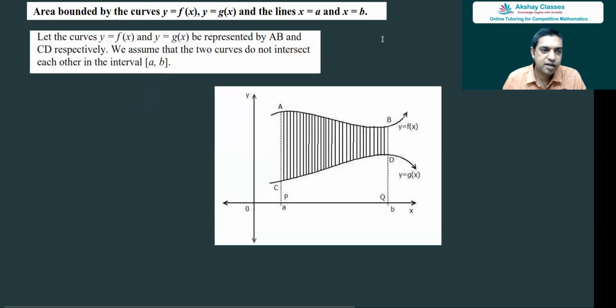Let the curves y equal to f of x and y equal to g of x be represented by AB and CD respectively here. AB is y equal to f of x, the first curve. The second curve is y equal to g of x. It is clearly shown. Now, assuming the two curves do not intersect, what will be the area?